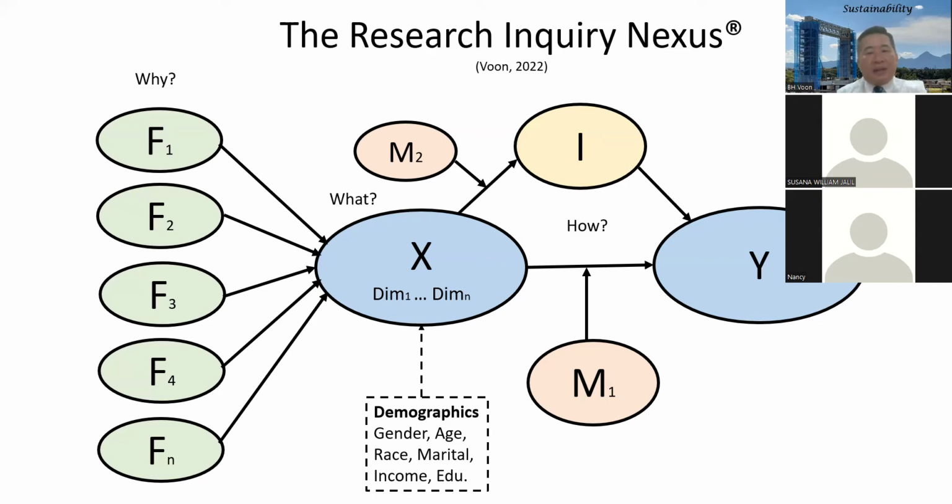And this requires us to read up and observe, and that's why we need the qualitative research phase a lot of times, right? So I would say this research inquiry nexus will really help us to understand at the very beginning stage of our research process, right?